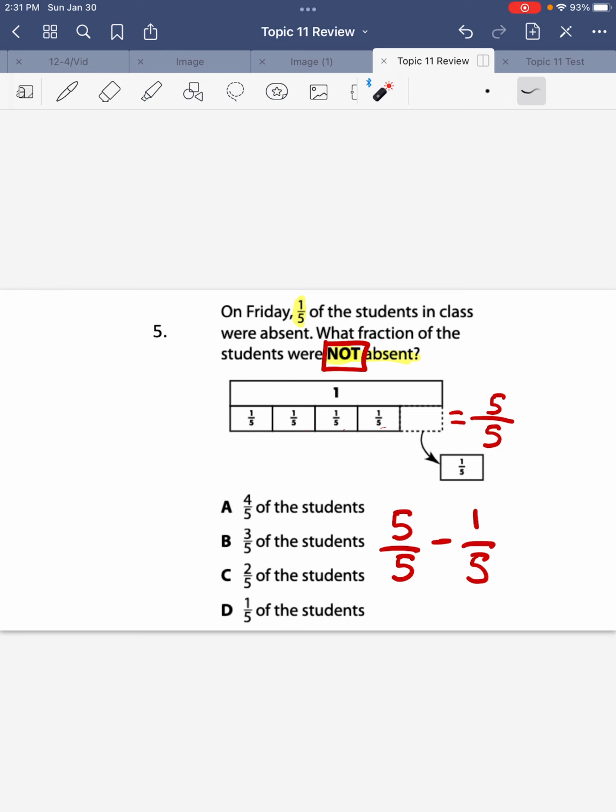Okay, so then it says, what fraction of the students were not absent? Okay, so 5 minus 1 is 4. I keep my denominator. Remember, the 5 does not change.